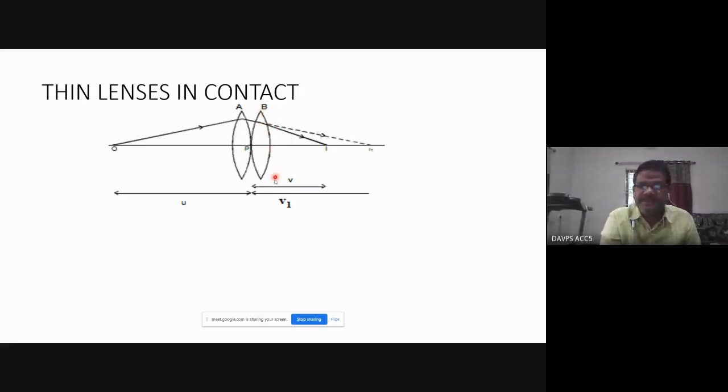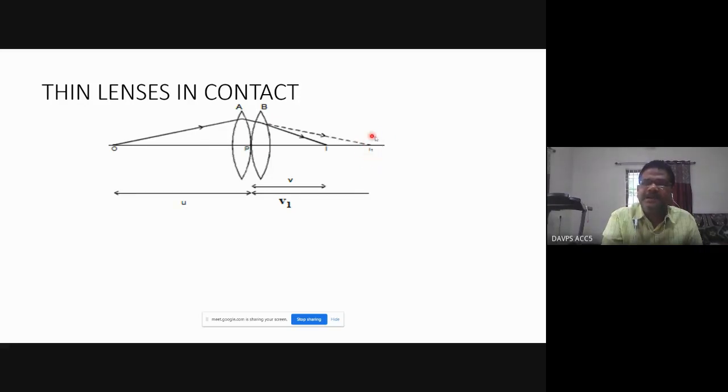Whenever B is present, what happens? B doesn't get the ray of light from O directly, because A is in front of it. So for B, this I1 will be acting as the virtual object.